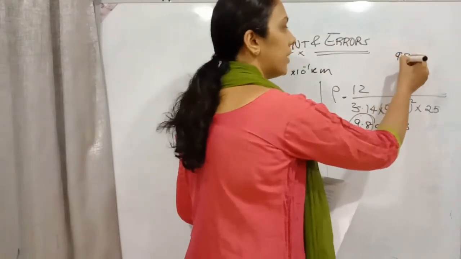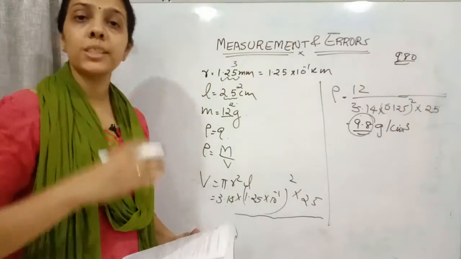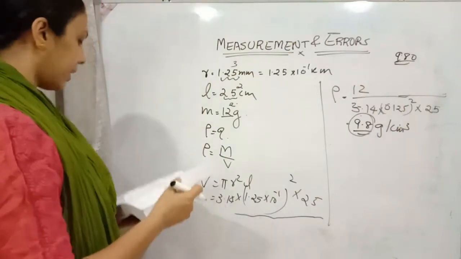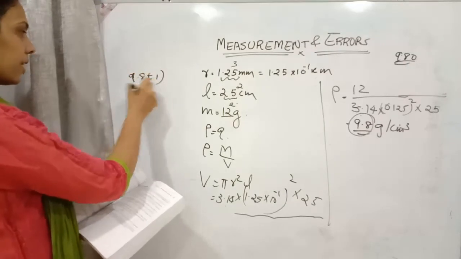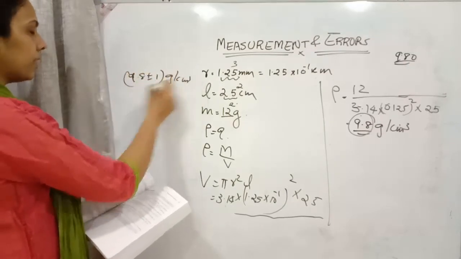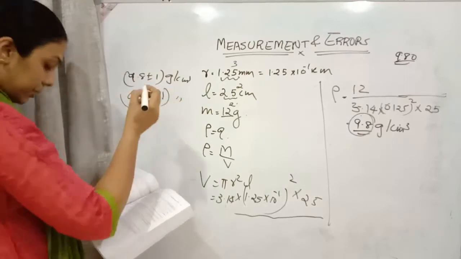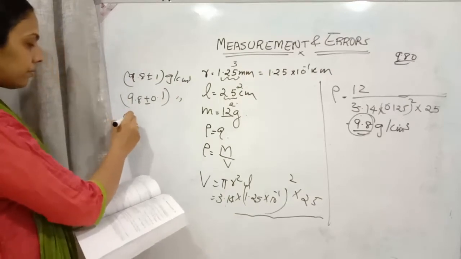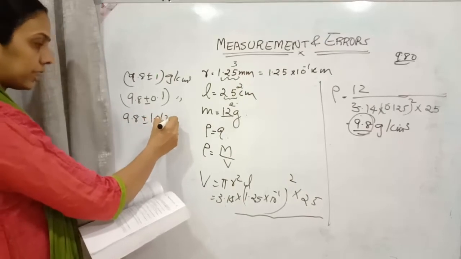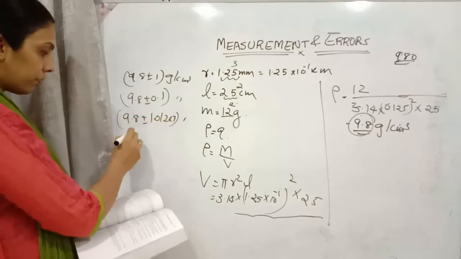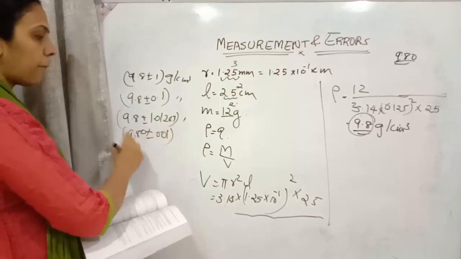So if the question comes like that, you should first go through the options. The options are: 9.8 plus or minus 1 gram per centimeter cube; next, 9.8 plus or minus 0.1 gram per centimeter cube; then 9.8 plus or minus 1.01267 gram per centimeter cube; and 9.80 plus or minus 0.01 gram per centimeter cube.